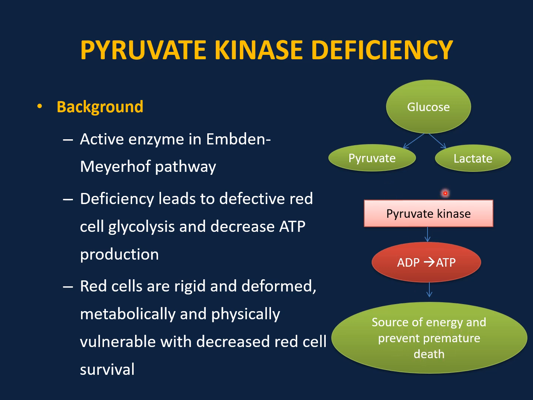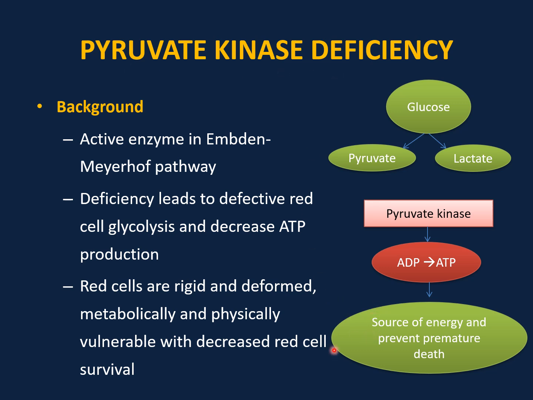So with deficiency of pyruvate kinase you will have less ATP, less energy, early death of the cells, and decreased survival of the red blood cells. This is the idea of pyruvate kinase deficiency.